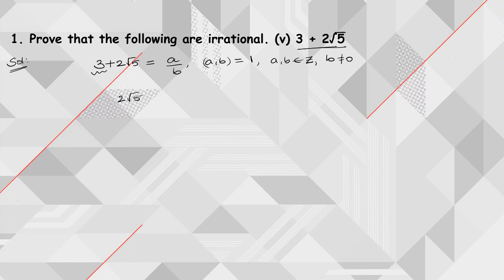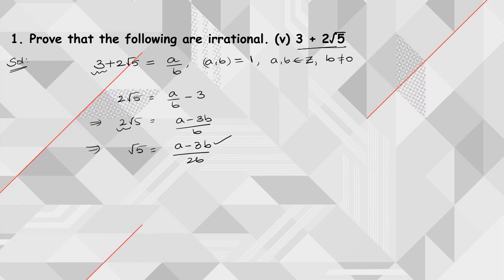So 2 root 5 is equal to a by b minus 3. Now on taking LCM, 2 root 5 is equal to a minus 3b by b. And I am going to transpose this 2 also. Then I can write root 5 is equal to a minus 3b by 2b.